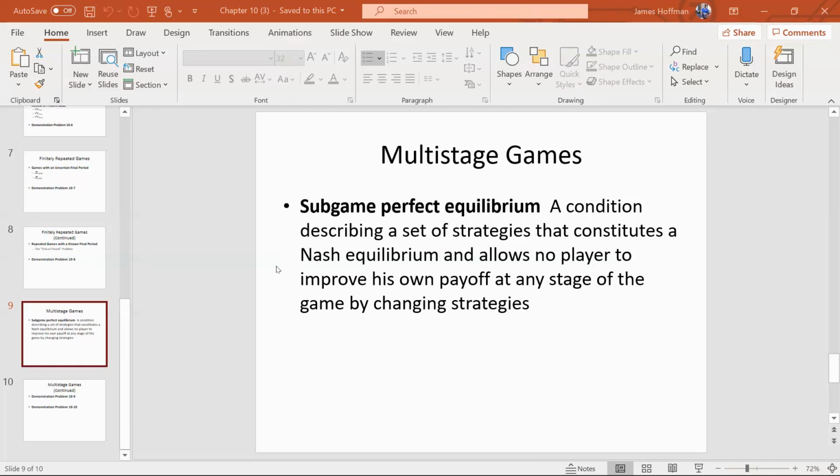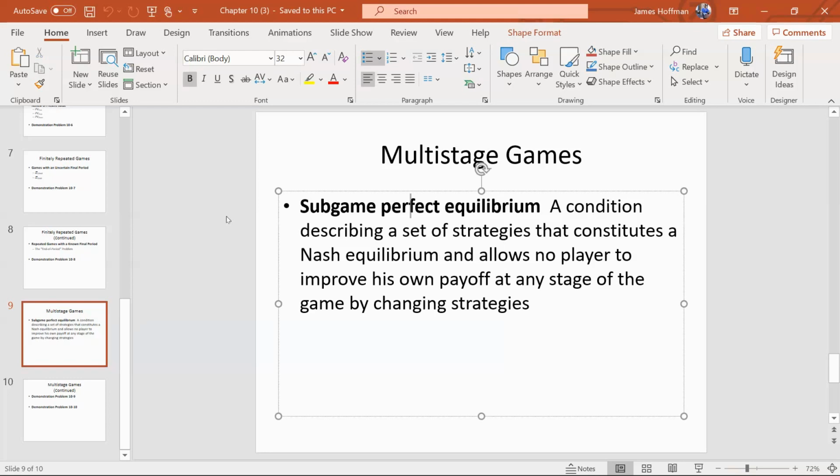We'll start the multi-stage game. Let's define a different type of equilibrium that you use for sequential games. This is called subgame perfect equilibrium.